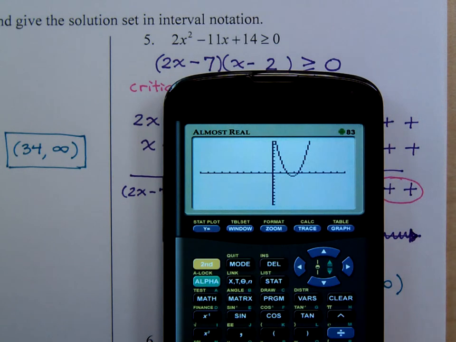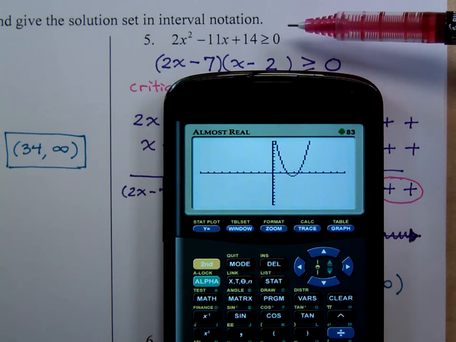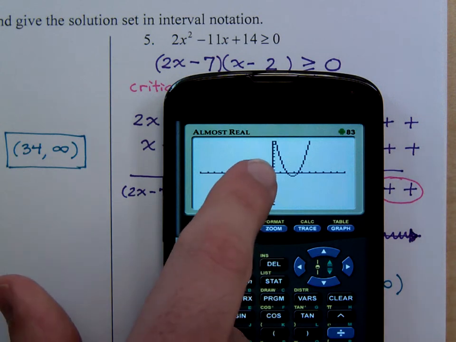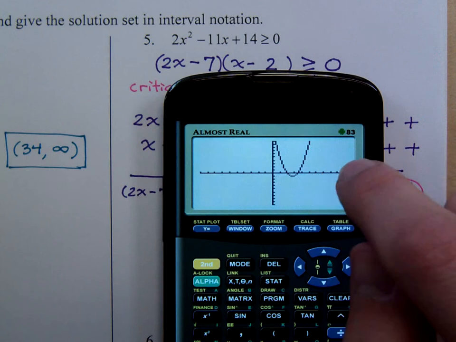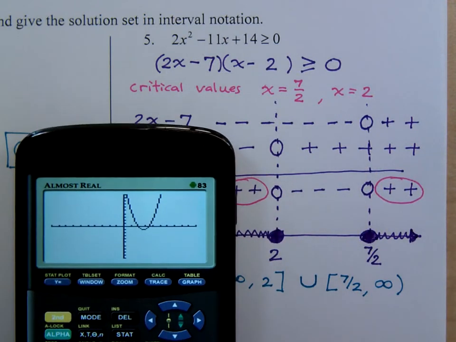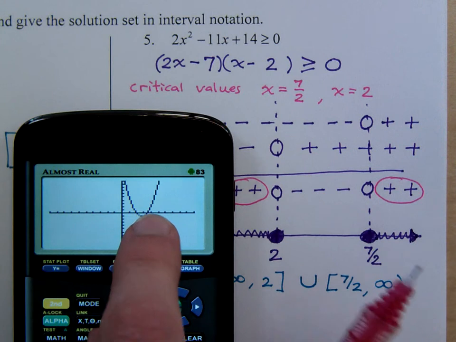What you will see here is that we're trying to find out where this is greater than or equal to 0, meaning where it is above the x-axis. This parabola is above the x-axis here on the left side, and then again here on the right side. Well, what are those numbers? That's what we got whenever we factored, and you see these numbers match up with positive 2 and the 7 halves.